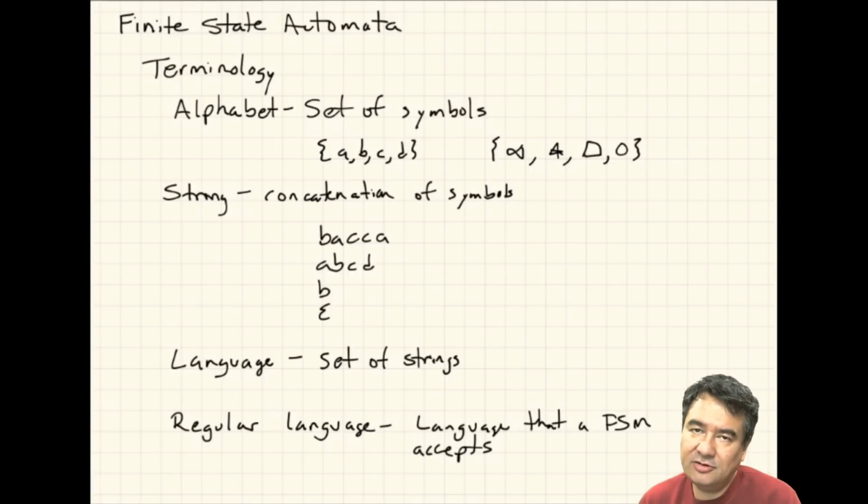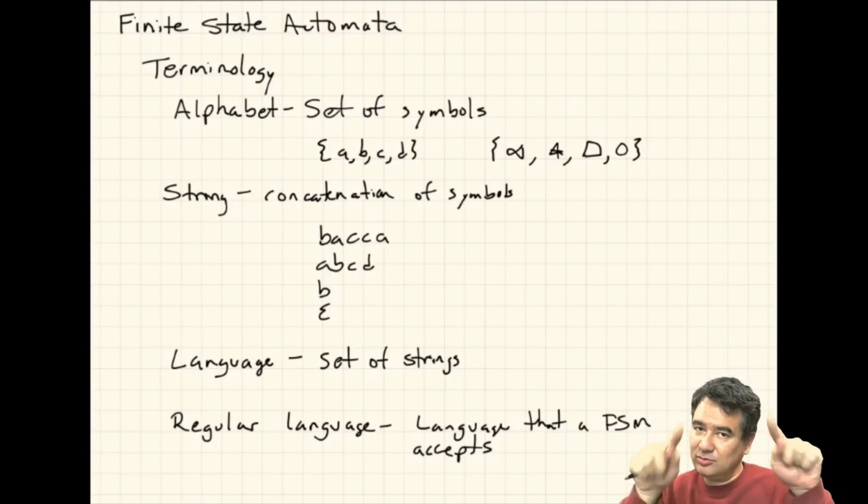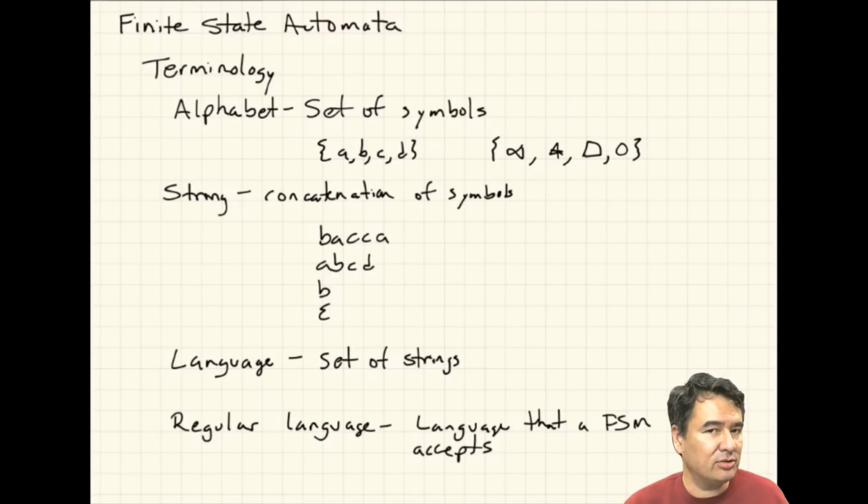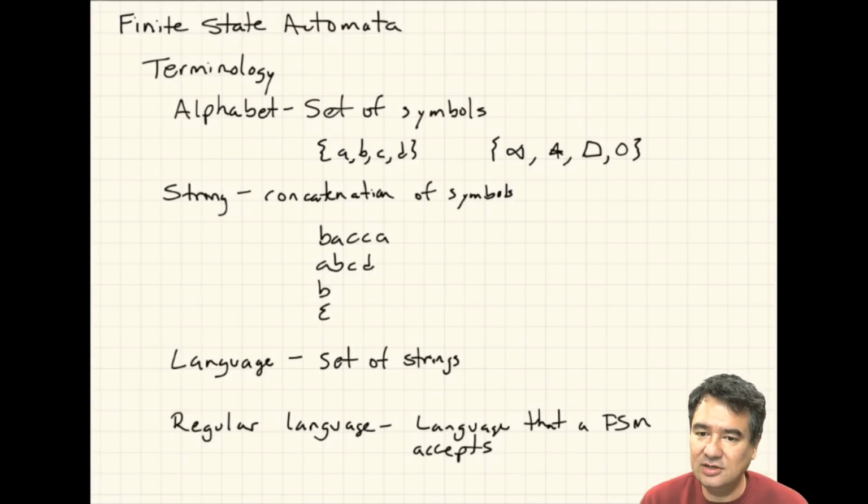And I guess the point should be made that regular languages aren't all languages. There are sets of strings that a finite state machine can't accept. For example, if you wanted to accept all the strings in which the parentheses were correctly balanced, which would be useful in a programming language, a regular language cannot do that, or a finite state machine cannot do that.